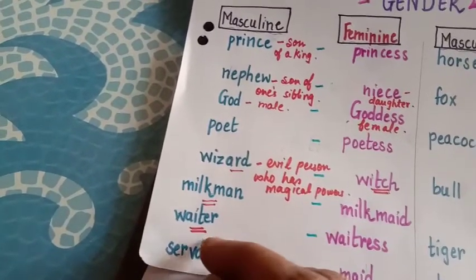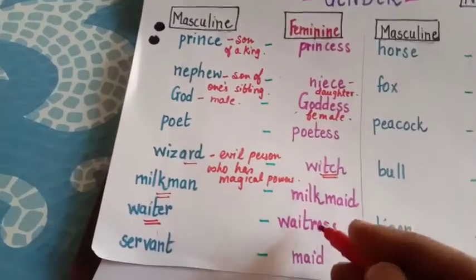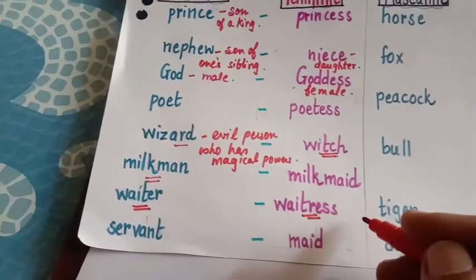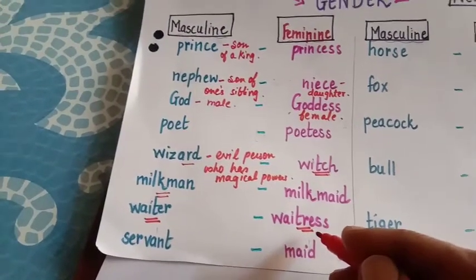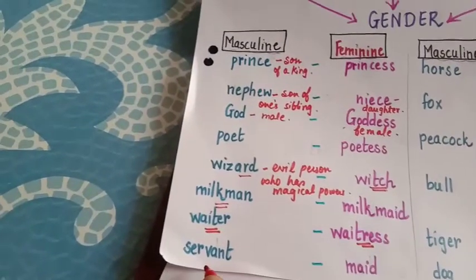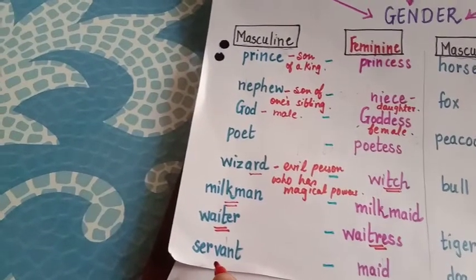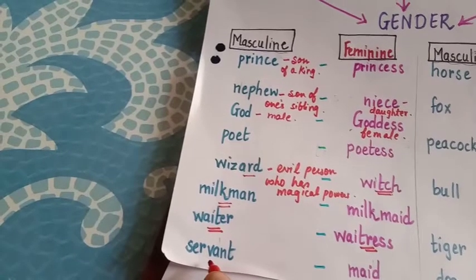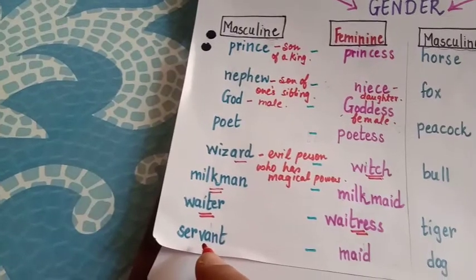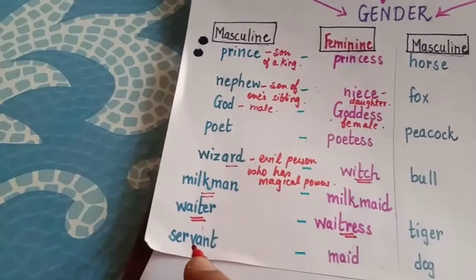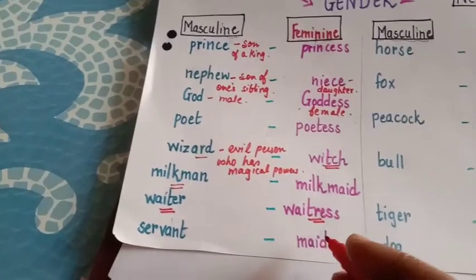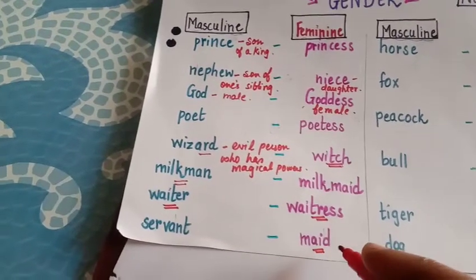He is a man, and the exact opposite is a lady who serves in a restaurant or a hotel. She is known as waitress. Now, this word servant. Servant can also be used for females, but in that case you have to specify whether it is a male servant or a female servant. If it is a female servant, we call her maid.